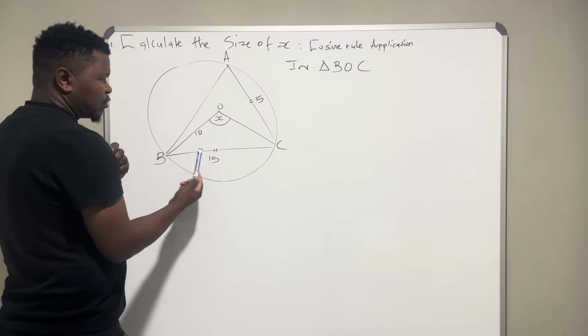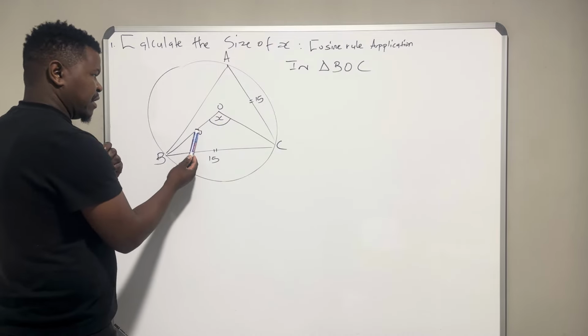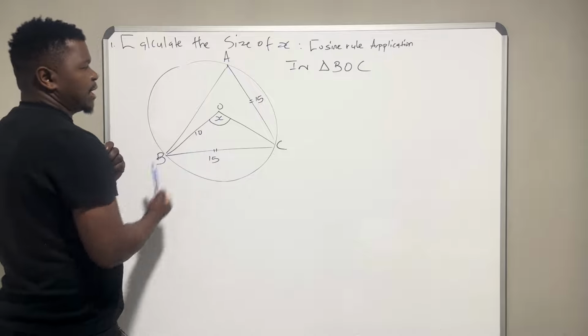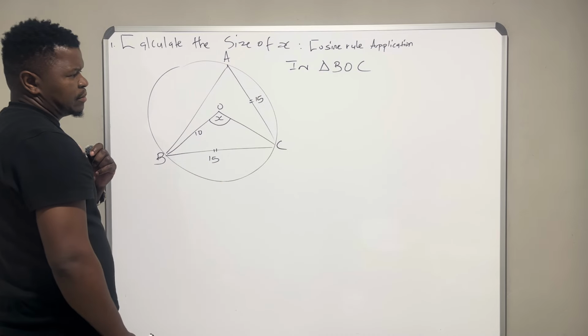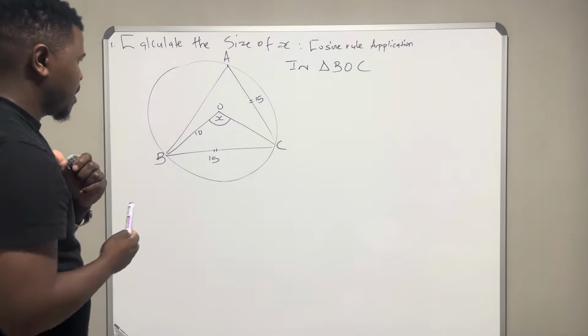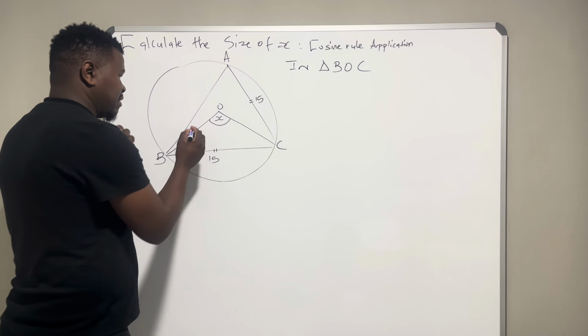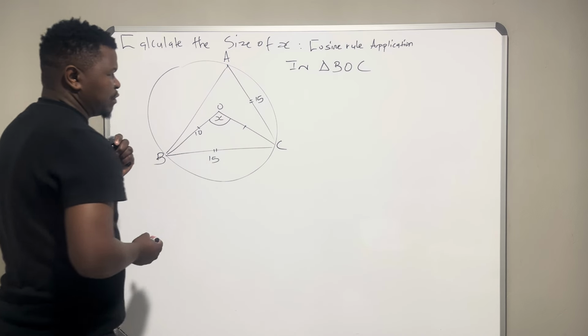I know this angle. So far, what you can visibly see is that we've got two sides and one angle. What can we apply? But if you look closely, since we know that OB is a radius, that means OB is equal to OC.